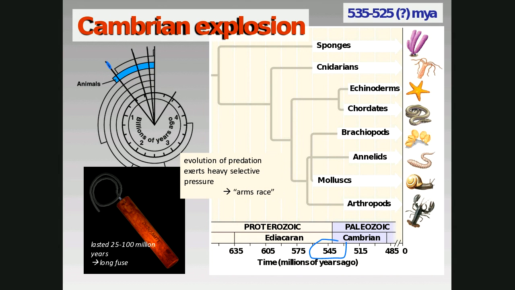One of the major reasons behind this Cambrian explosion would have been an arms race. At about the time the Cambrian explosion occurred, eukaryotic organisms were growing larger, and they were growing the ability to feed on each other.